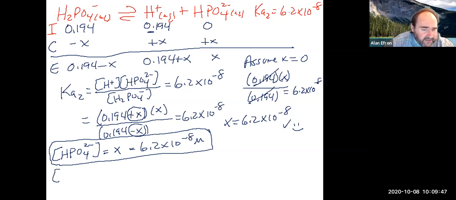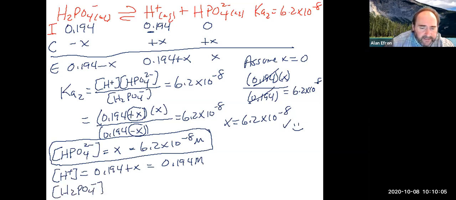It would be 0.194 plus X, which if you do that, you still get 0.194 molar. It has not changed. And if you do the same thing for our H2PO4 minus, 0.194 minus X, you will also see it has not changed either. So these really have not changed when our second hydrogen came off.